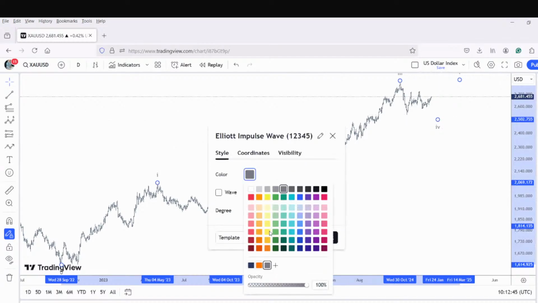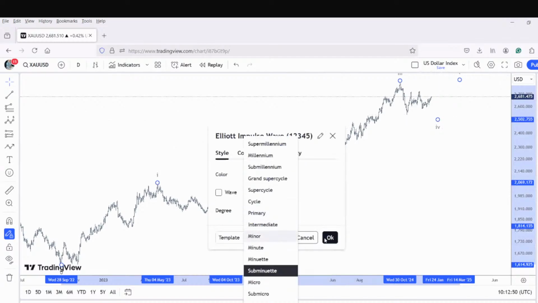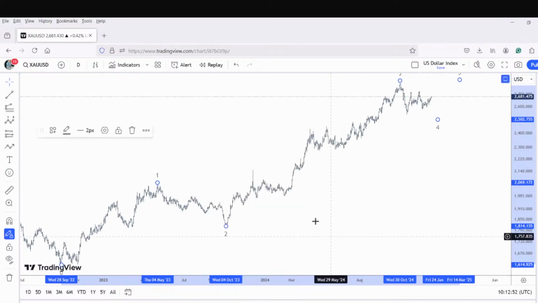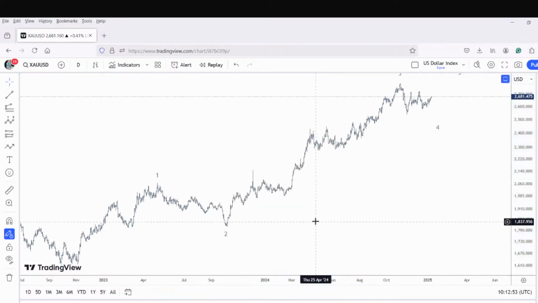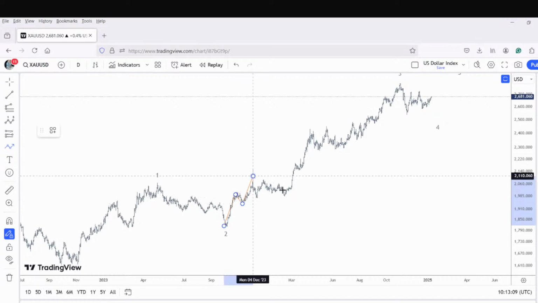Okay, so let me just change it to minor. Once again, since we are on the daily chart, I'd like to emphasize wave extension right here. That is wave 1, and then again 1, 2, 3, 4, 5.